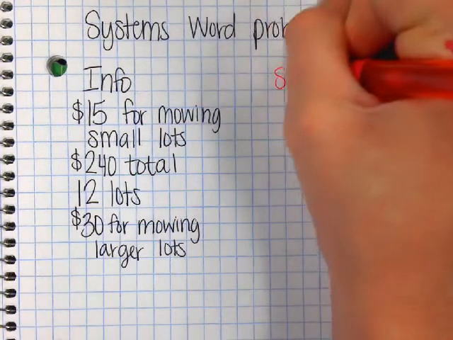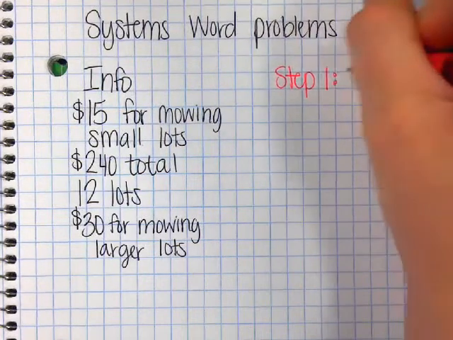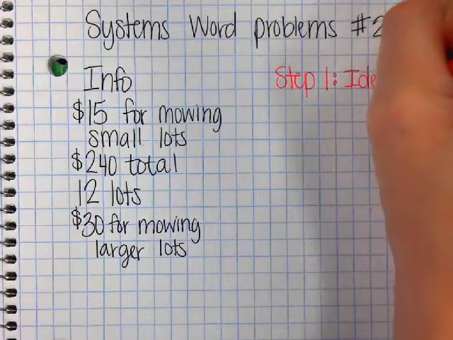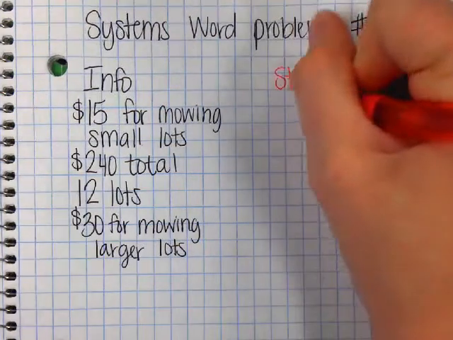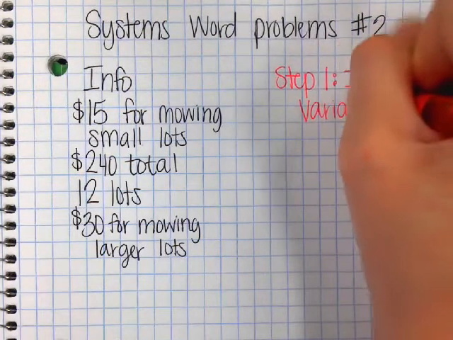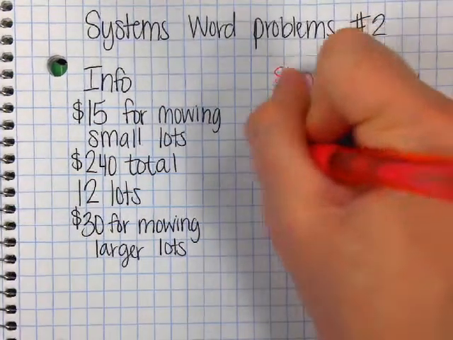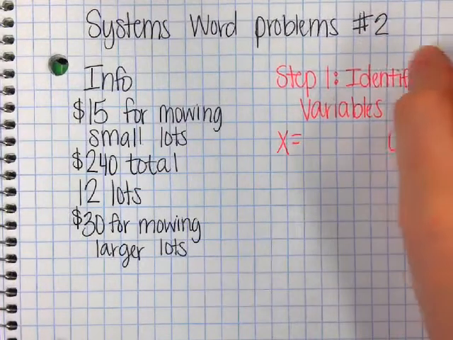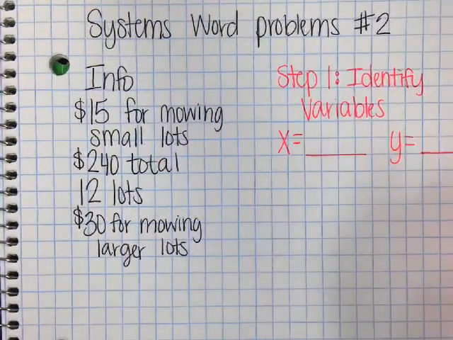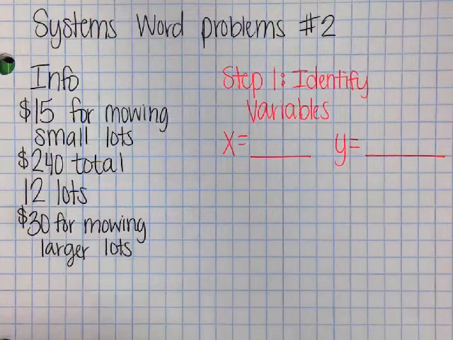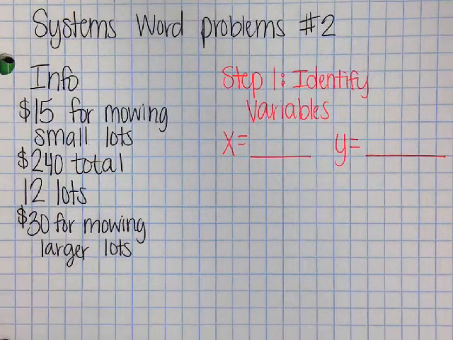So step one, make sure you identify the variables. And again, you can use x or you can use y. I'm going to use x and y today just because. So x equals and y equals.